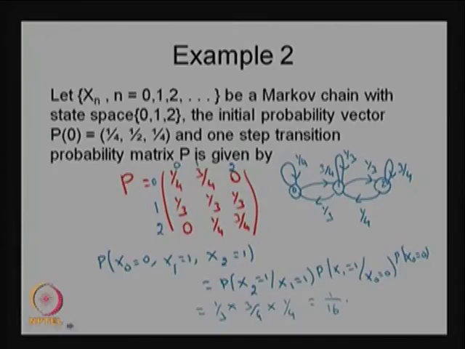Similarly, you can find out the other probabilities also. Suppose our interest is the probability that at the end of the second step the system will be in the state 1. That is nothing but, considering all the possible states I from which the system could have started, the two step transition of the system moving from the state I to 1.